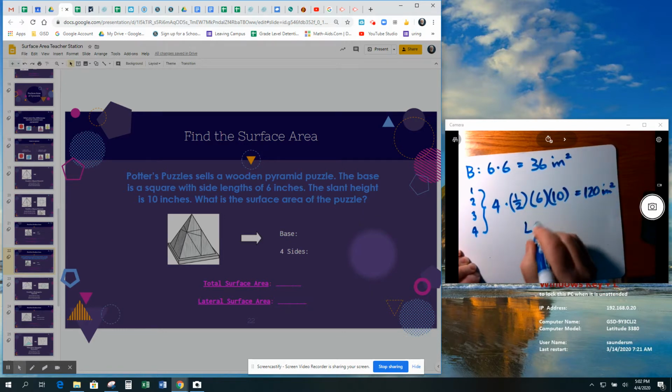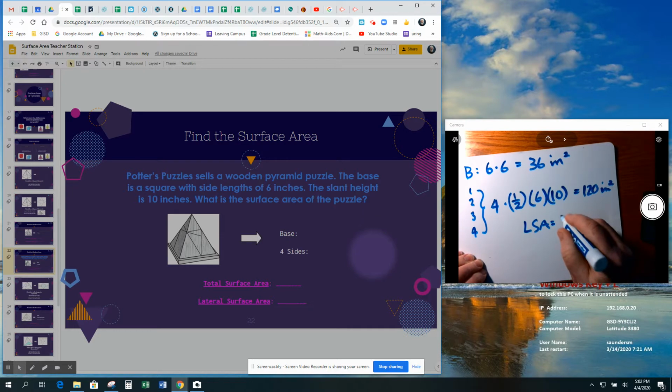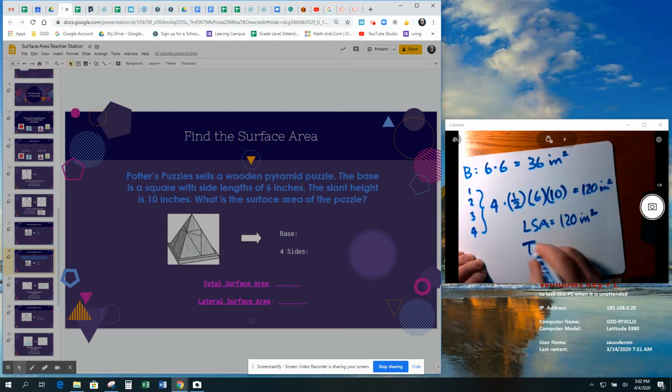So our lateral surface area is just the 4 sides excluding the base, 120 square inches. And our total surface area, including the base, is 120 plus 36, 156 square inches.